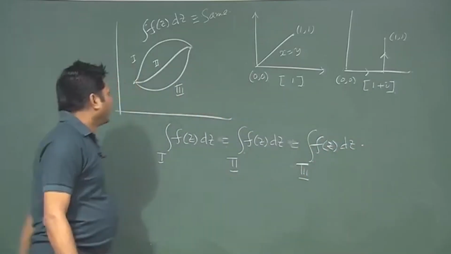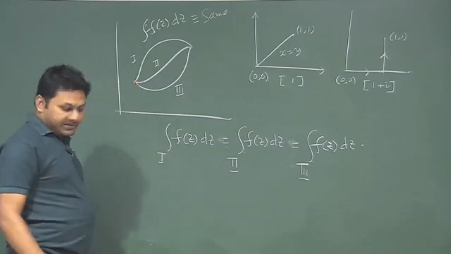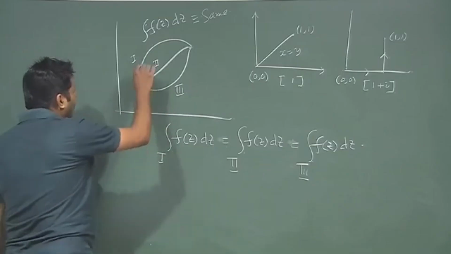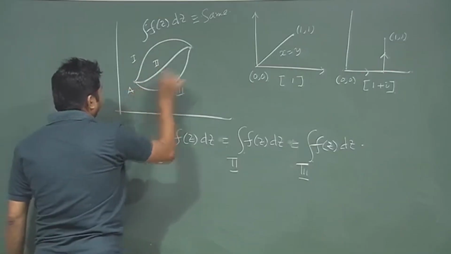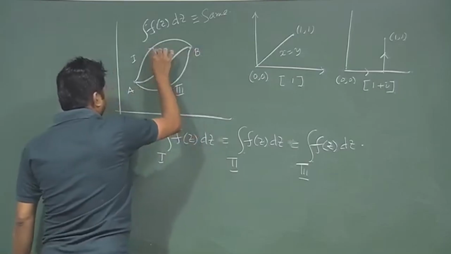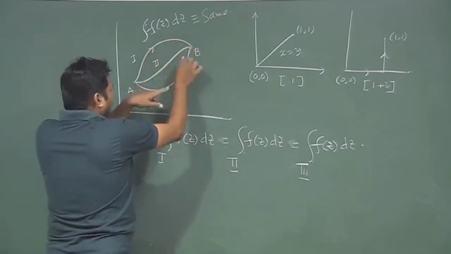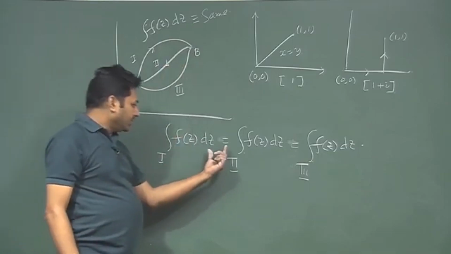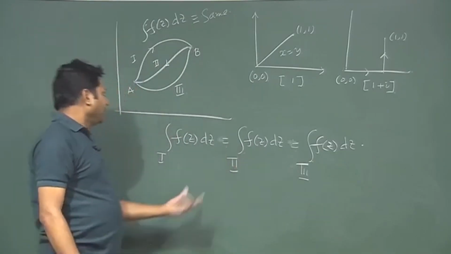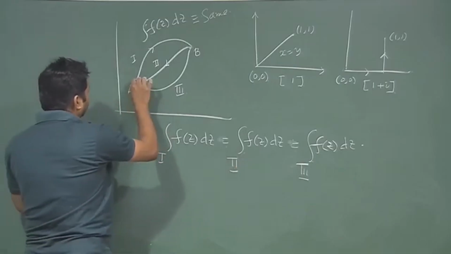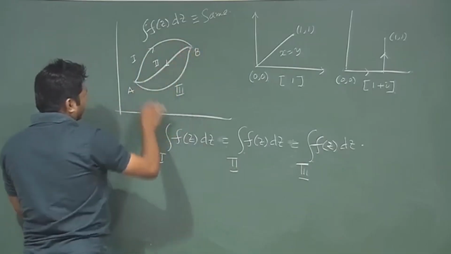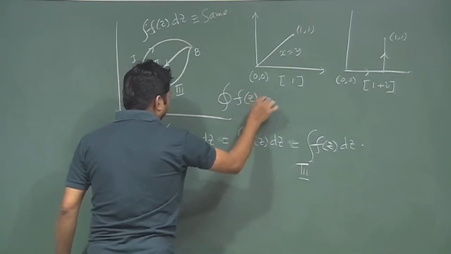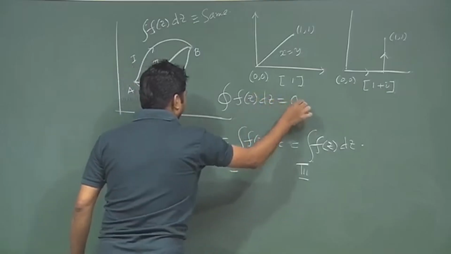And with that we can have a very interesting thing that we will show in the next class: if I go from this point, say point A, to point B in this direction and return back in the opposite direction, then path 1 is equal to minus path 2, and if I add the two, I have a closed path, A to B and B to A. So, I will have a closed path, and if I integrate over that closed path, I will always have 0.